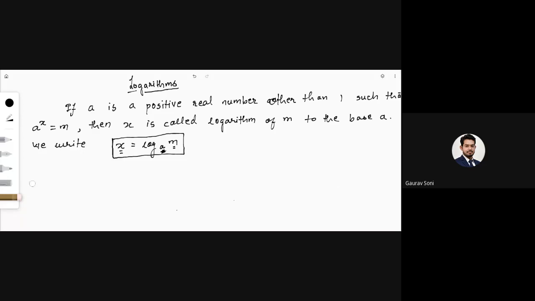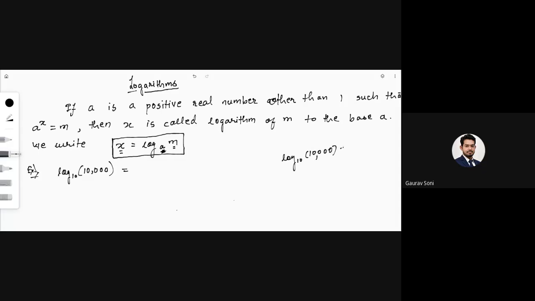So examples: log to the base 10 of 10,000. Call it x, log to the base 10 of 10,000.